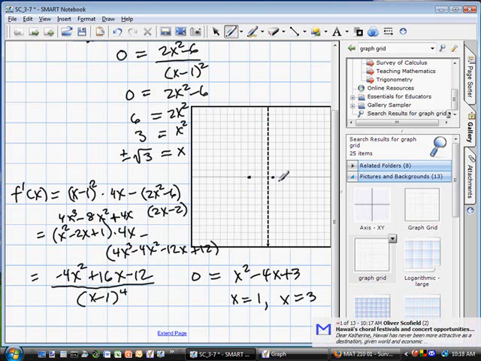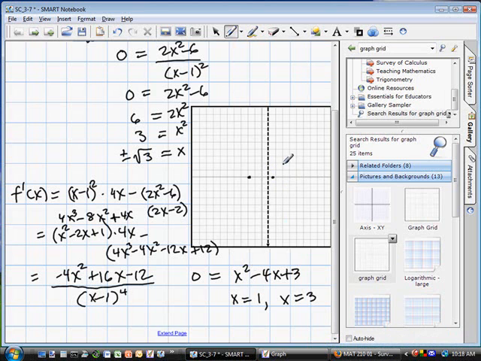So I don't quite know where those are, but according to this, obviously 1 isn't going to work because we already know there's an asymptote there, but at 3, something special is going on, which would be somewhere along here. Okay. I don't quite know where to put those.